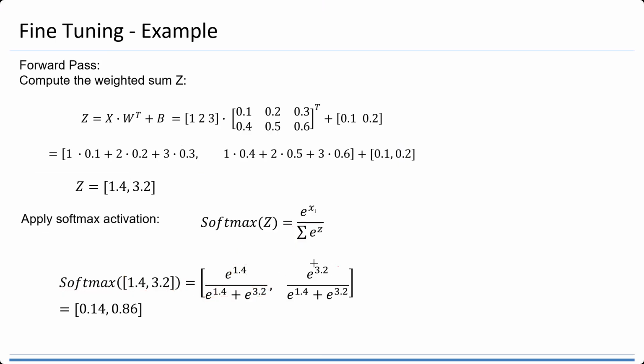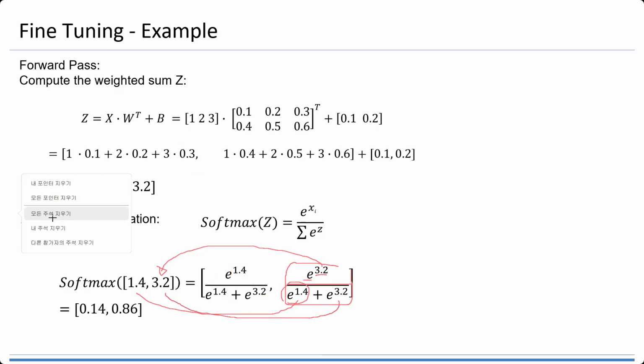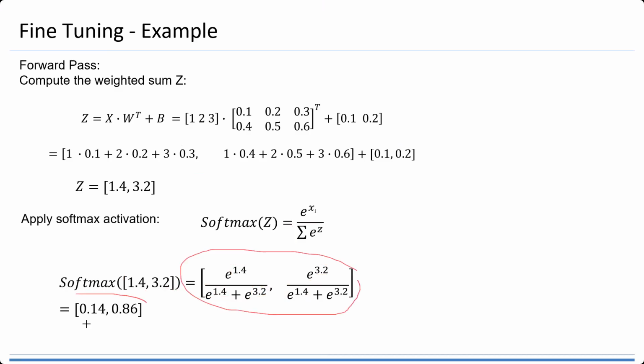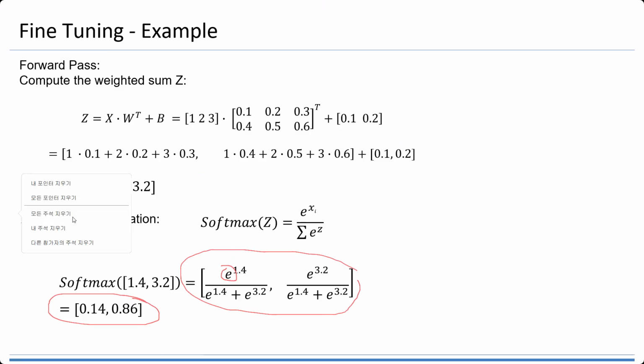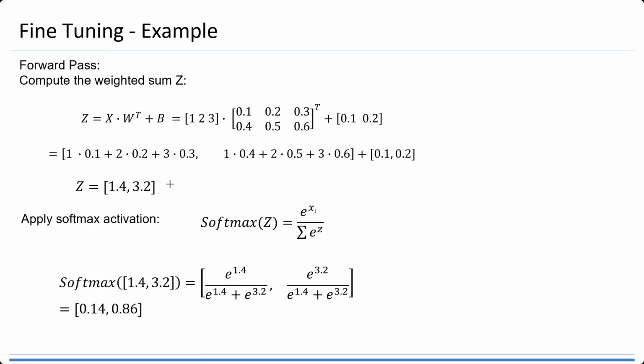And the second number will be e^3.2 divided by e^1.4 plus e^3.2. After we do this calculation, we get this number. Please check later how to operate with the natural number e on your calculator. I don't know if you will have this kind of problem or not.